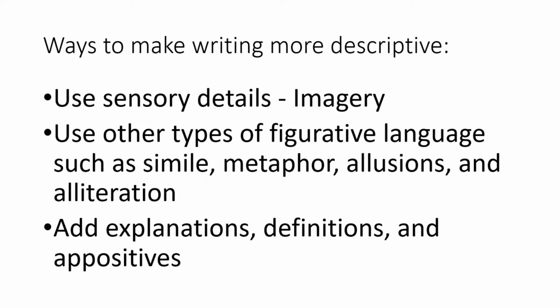We're going to look at using other types of figurative language like simile, metaphor, allusions, and alliterations. And I'm going to show you how to add explanations, definitions, and a grammatical construction called an appositive to your writing to help it be more descriptive.